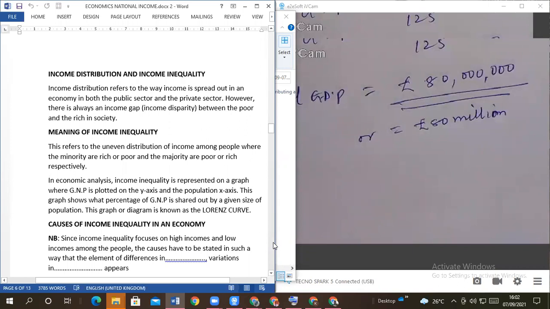In other economies, you'll find that a majority are rich and a few are poor. So it depends on which economy these people are in. So it's very important that you take note of that. In most LDCs, there are few people who are rich and the majority are poor.